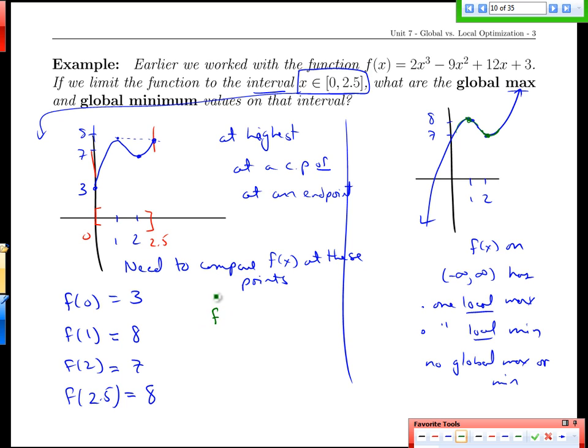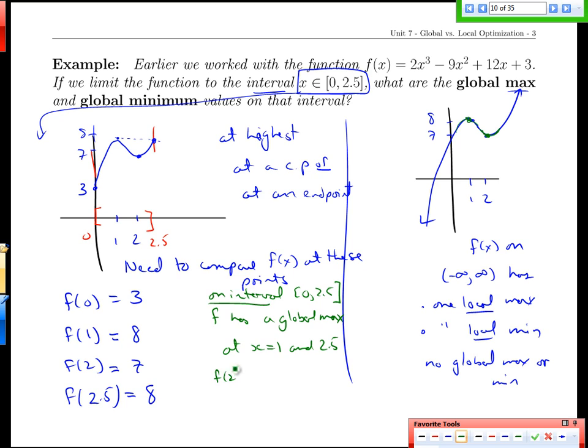It tells us that on the interval 0 to 2.5, f has a global max. In other words, all points on the interval are lower than this point at x equals 1 and 2.5. Those 2 points share the honor of being the highest points on this limited interval here.